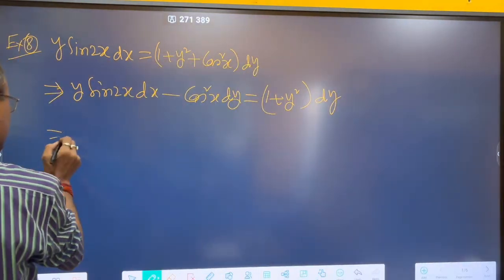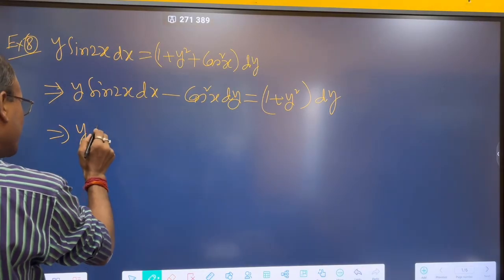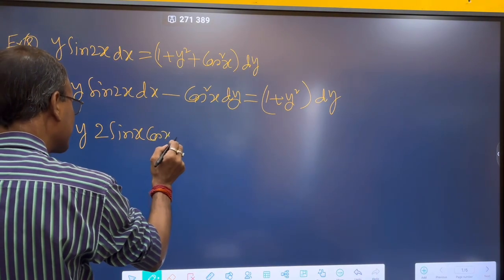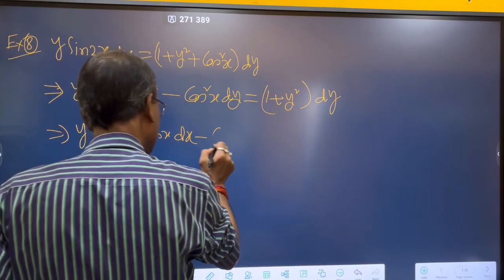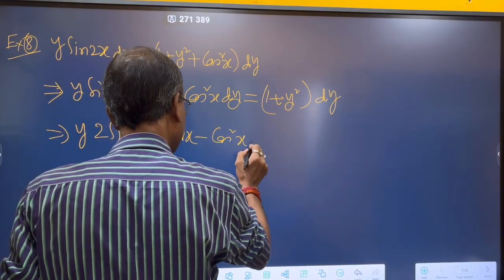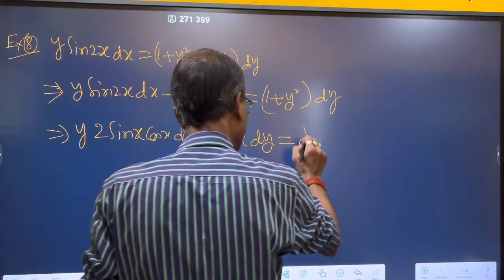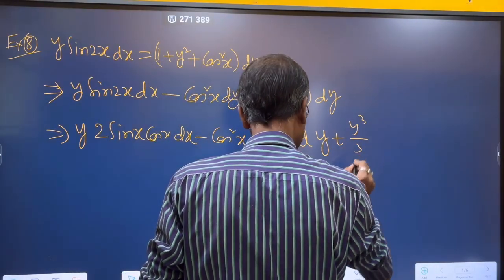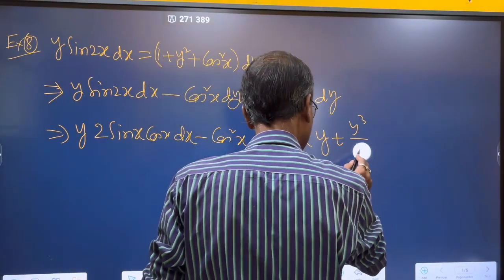Y sin 2x is nothing but y times twice sin x cos x, minus cos square x dy. This can be written as d of (y plus y cube divided by 3).